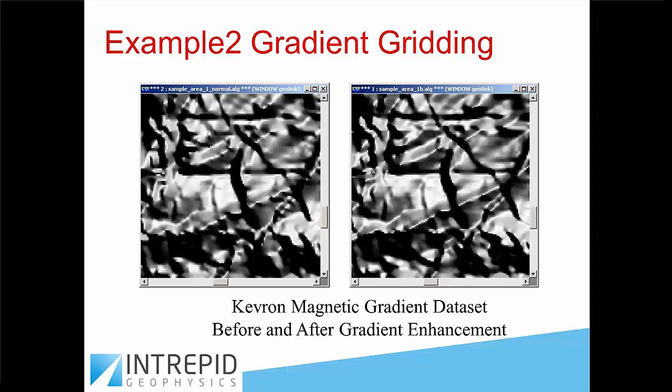So the eye, when it sees colour, tends to see lower frequency information, and the grayscale is used when you want to see high frequency information. So this is an enhancement, this time of a Chevron magnetic data set from likewise 10 or so years ago, where you have the breakup of that dike-like feature, and then with the gradients it straightens out very nicely.